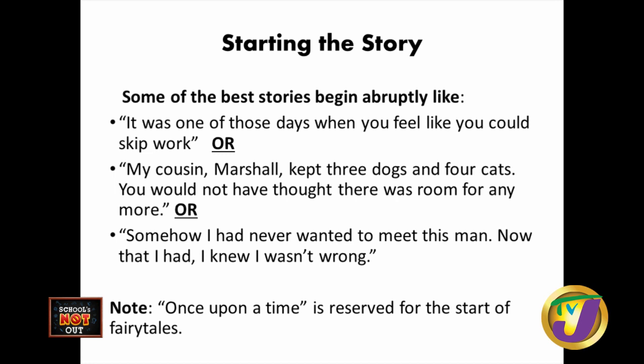The second example, my cousin Marshall kept 3 dogs and 4 cats. You would not have thought there was room for any more. A very different story is suggested there. And if you are that kind of writer, if that appeals to you, then look more carefully and see if you can make this into the story of choice, right?